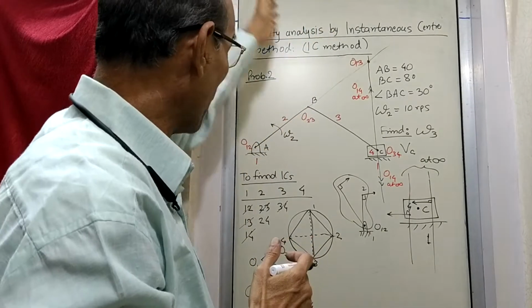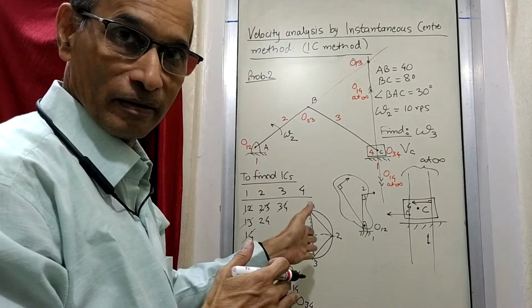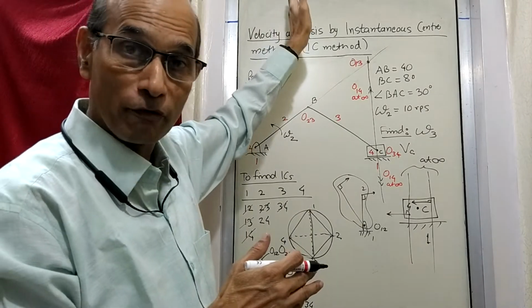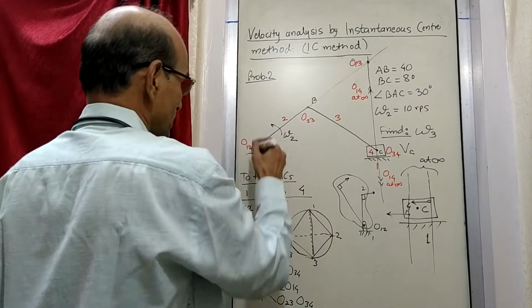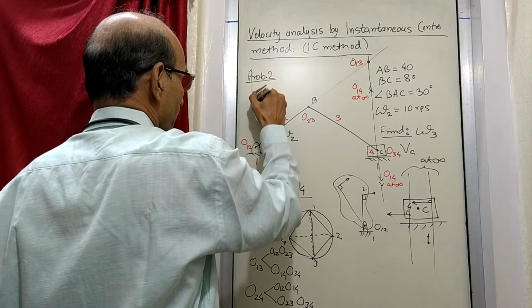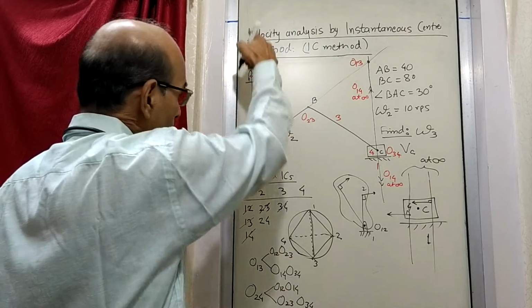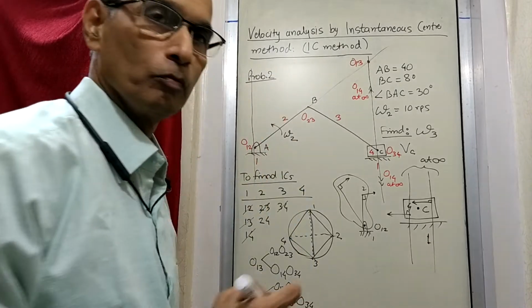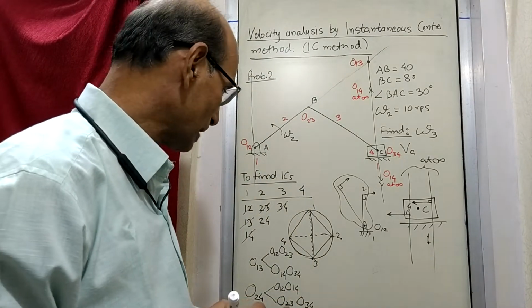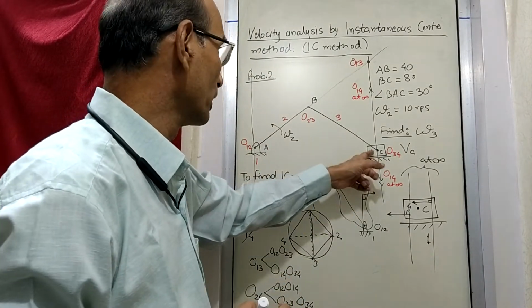So we draw a line parallel to this vertical line, which has come from O14 at infinity, and it is passing through 1, 2. So it will be this line. Now the next is 2, 3, 3, 4. 3, 4 here, 2, 3 here.